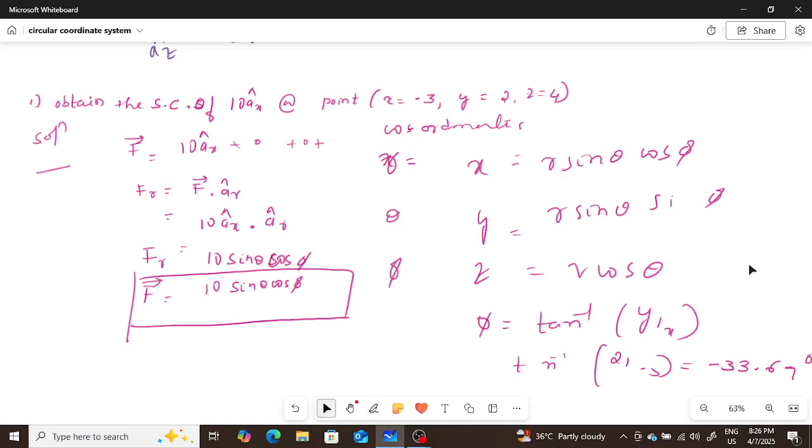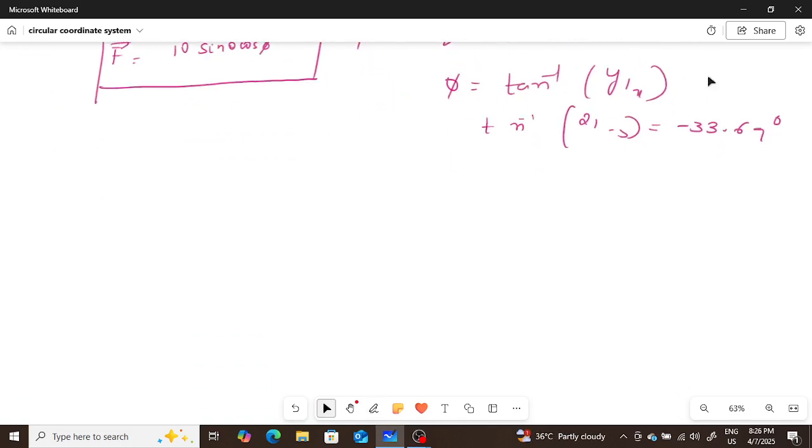When it is minus, you should add 180 degrees, because x is negative, y is positive, hence phi must be in the second quadrant, 90 to 180. So phi is minus 33.69 plus 180 degrees, which is equal to 146.31.